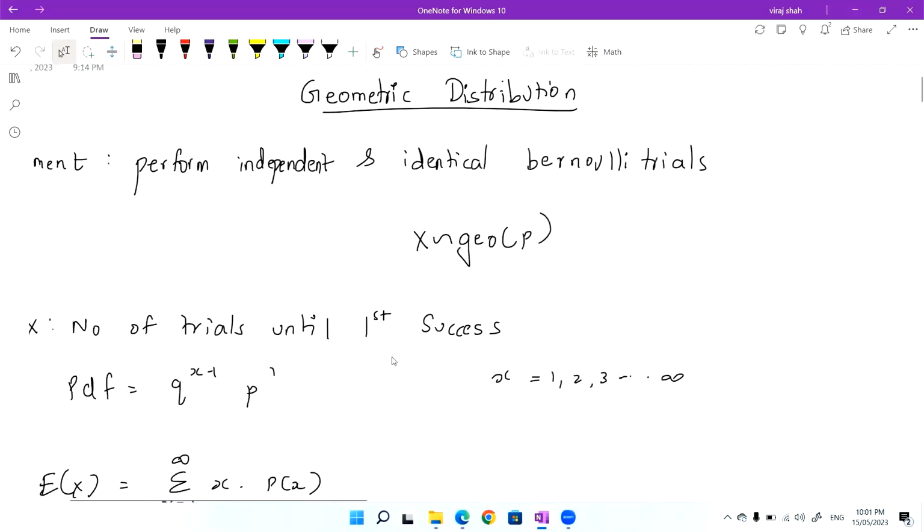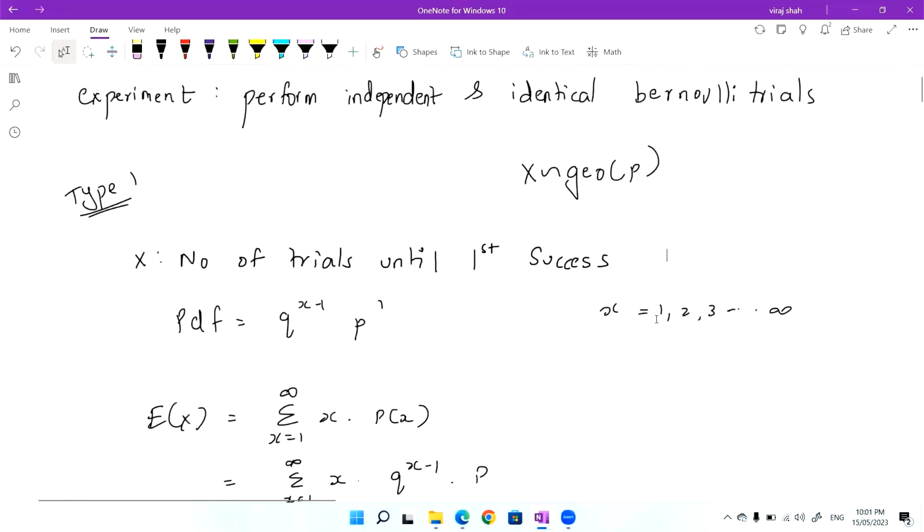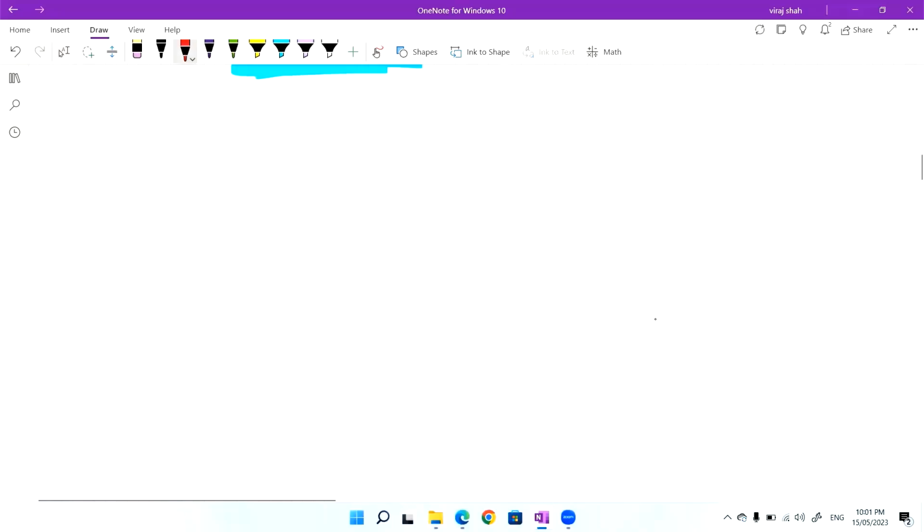Remember, type 1 is nothing but number of trials till first success. Now we'll study type 2. Type 2 is nothing but denoted by y. Y is nothing but number of trials, or you can say number of failures in a trial.